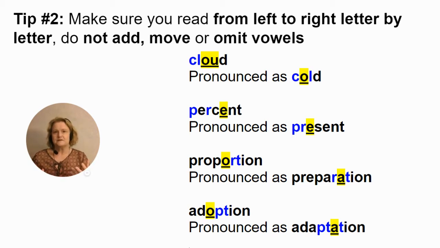So this is a word where you might guess preparation and stress an A that doesn't exist. Similar with adoption. That would be something where a student might guess adaptation because they know that word. They may not know adoption, for example. Please don't guess. Just go strictly from left to right and you're going to be okay.